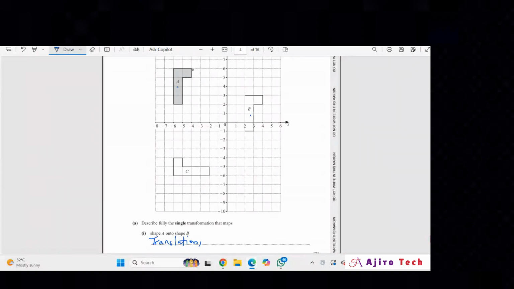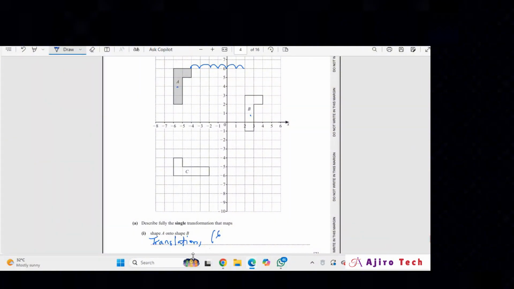If you watch very well, let's take this point, the up point here. You count 1, 2, 3, 4, 5, 6. That is 6 to your right, and 6 to your right is positive. It's not to the left.